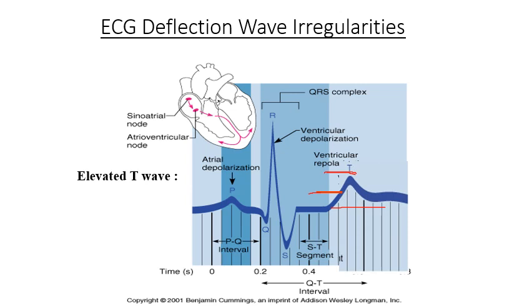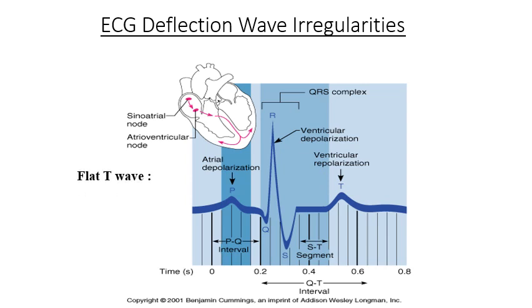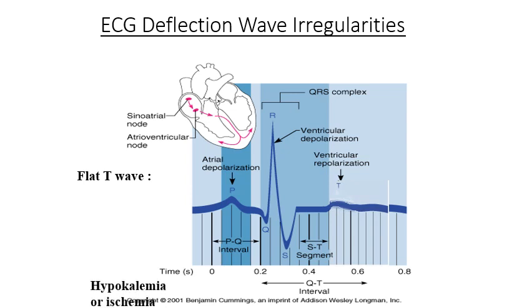Which abnormality in the heart is this due to? It's an indication of an electrolyte imbalance, which is hyperkalemia. What about a flat T wave? It is closer to the isoelectric line. It is an indication of the opposite, hypokalemia, or sometimes ischemia.